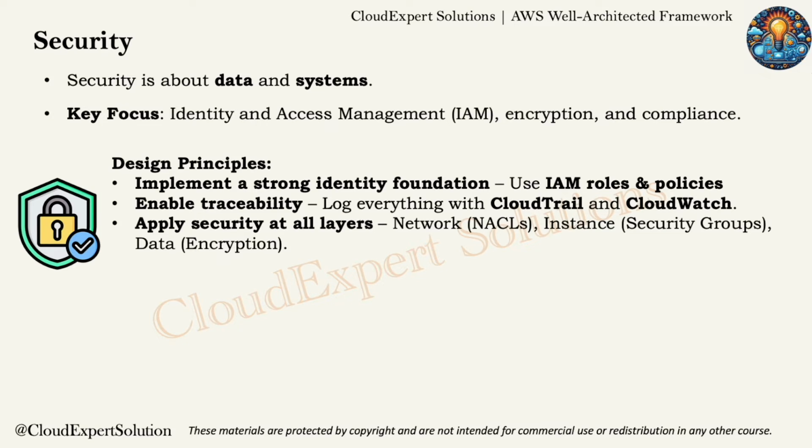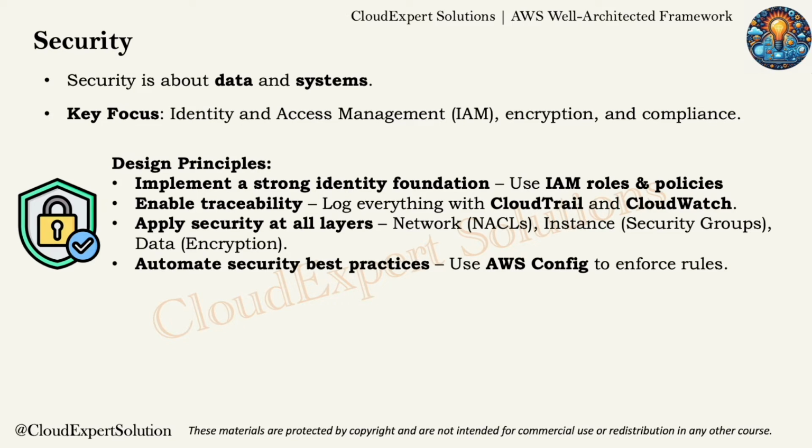You should apply security at all layers. Start with a firewall at the outer periphery, then network access control lists at the subnet level, followed by security groups at the instance level or at the EC2 level as an instance firewall, and then encrypt the data. You should automate the security best practices.